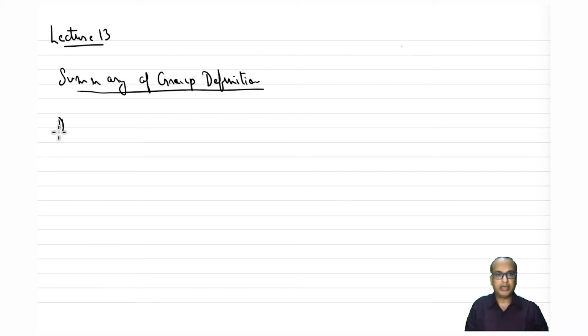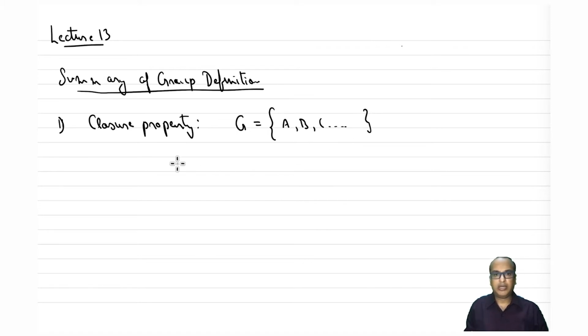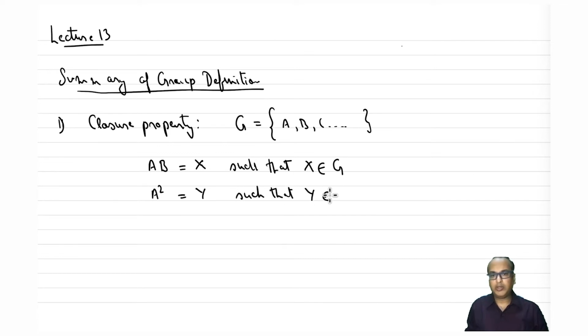The first property is the closure property, which defines that if G is a group consisting of various elements, then AB equals X, any group element, such that X must belong to G. Similarly, if A squared is equal to Y, such that Y should also belong to G, right? So that is the closure property.